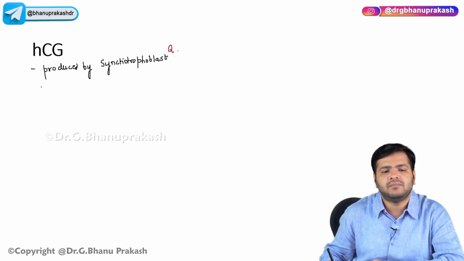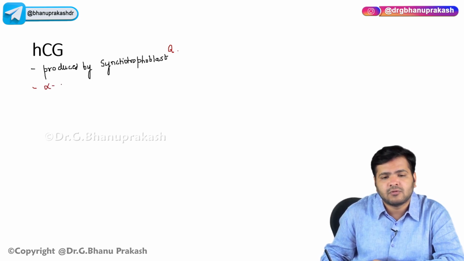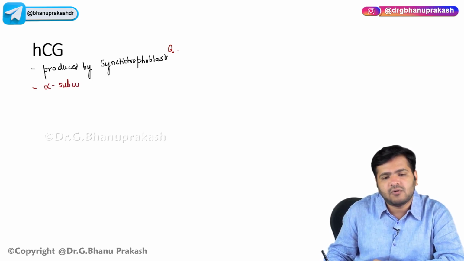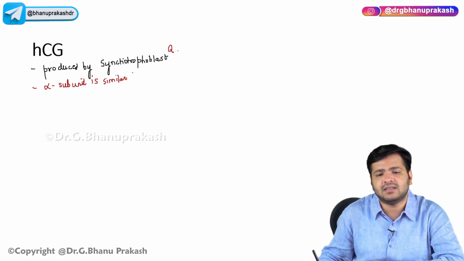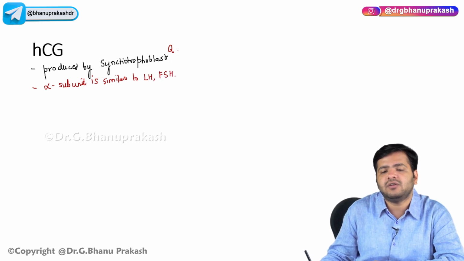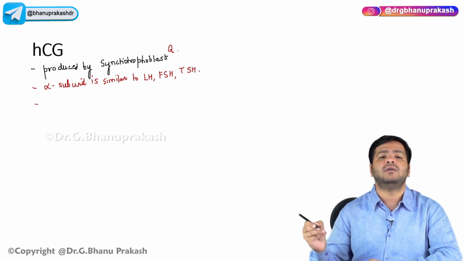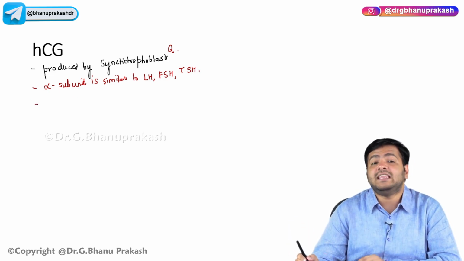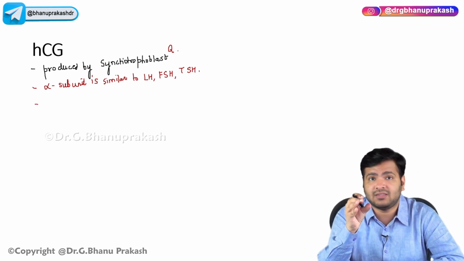Now the second point: the alpha subunit of this hormone is similar to LH, FSH and TSH. Luteinizing hormone, follicle stimulating hormone, and thyroid stimulating hormone, TSH. The third point: it maintains the corpus luteum of pregnancy. Its function is similar to LH.